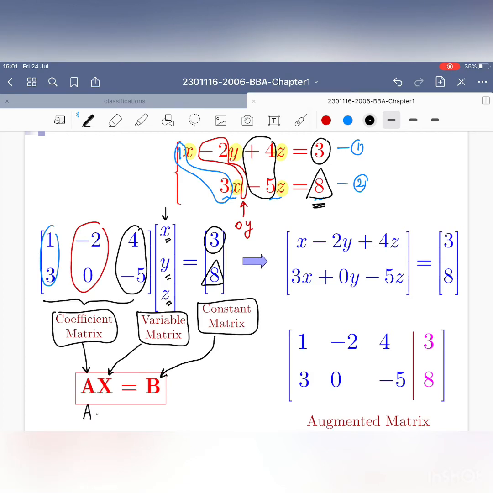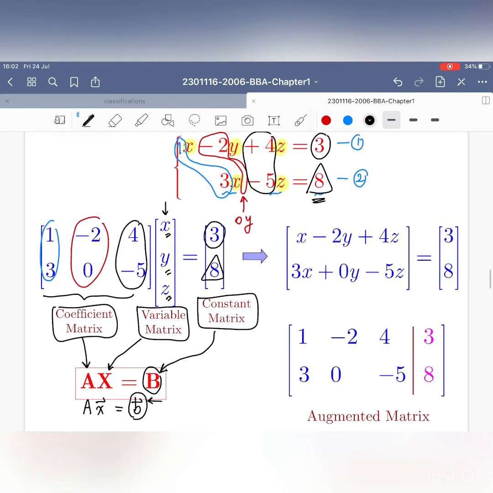And then your B, because it looks like a vector since it contains only one column, some books may use a small b with the vector notation. But here we are going to use capital B, just like this.